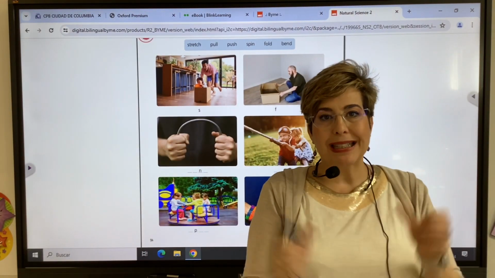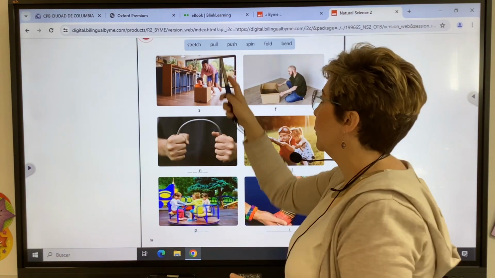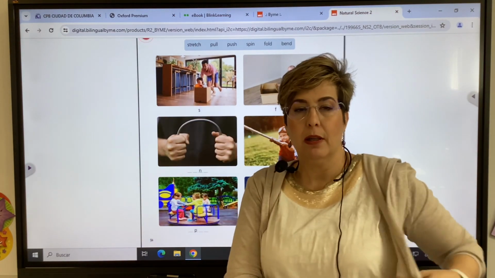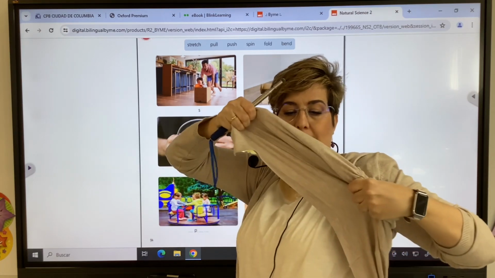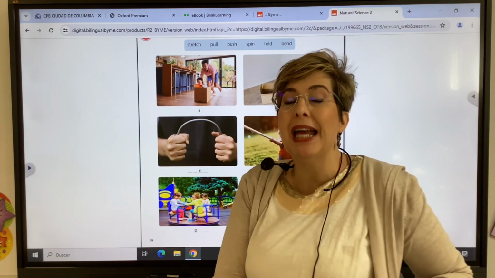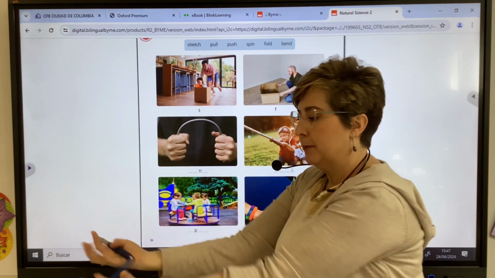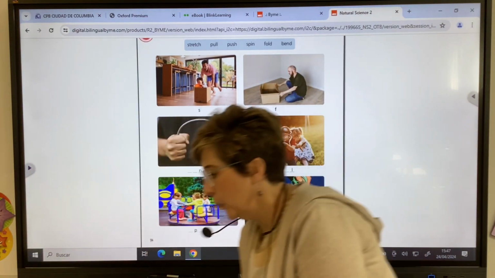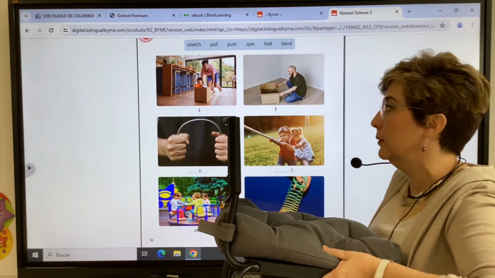These are the 6 movements that we have studied. We have studied stretch. This is when you have a sweater like this and you stretch it, because it's a little bit elastic. Pull is when you have a chair and you bring it here, you pull.